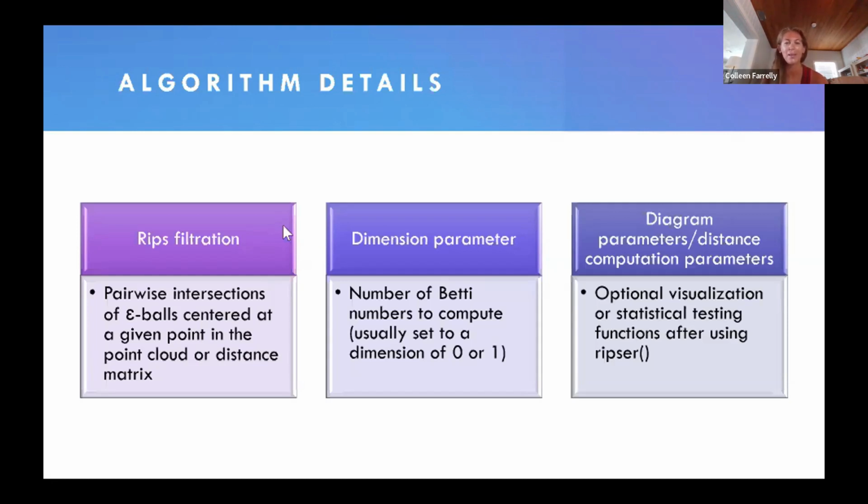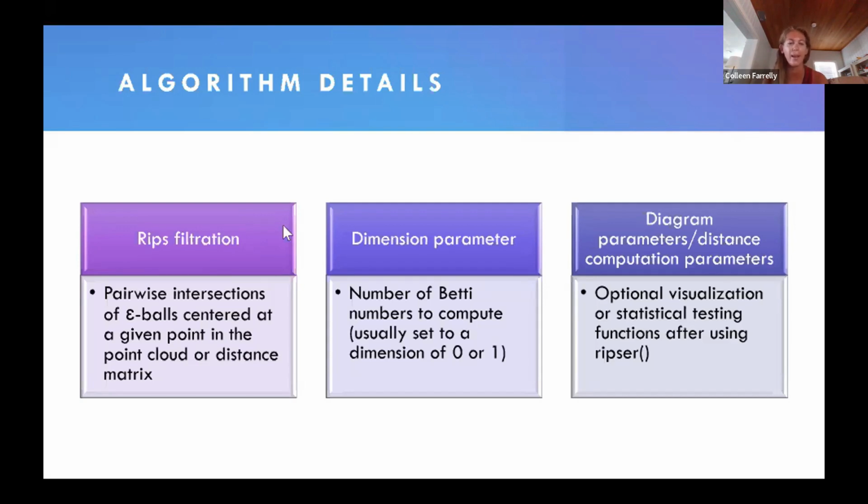After we've computed these numbers for each of our filtrations, we can summarize all of this within a diagram. So we can visualize this, or we can apply some statistics to it to be able to really understand differences that exist between different point clouds that we're looking at.